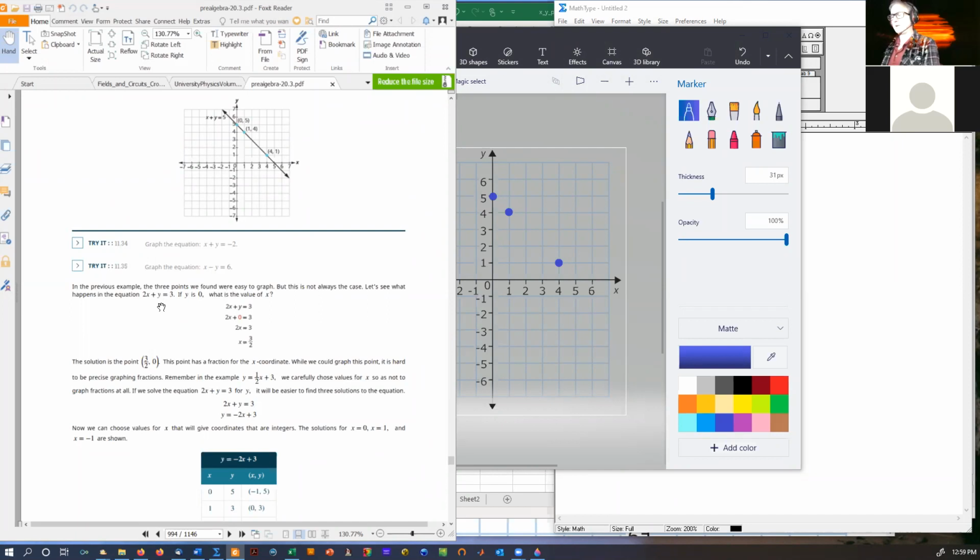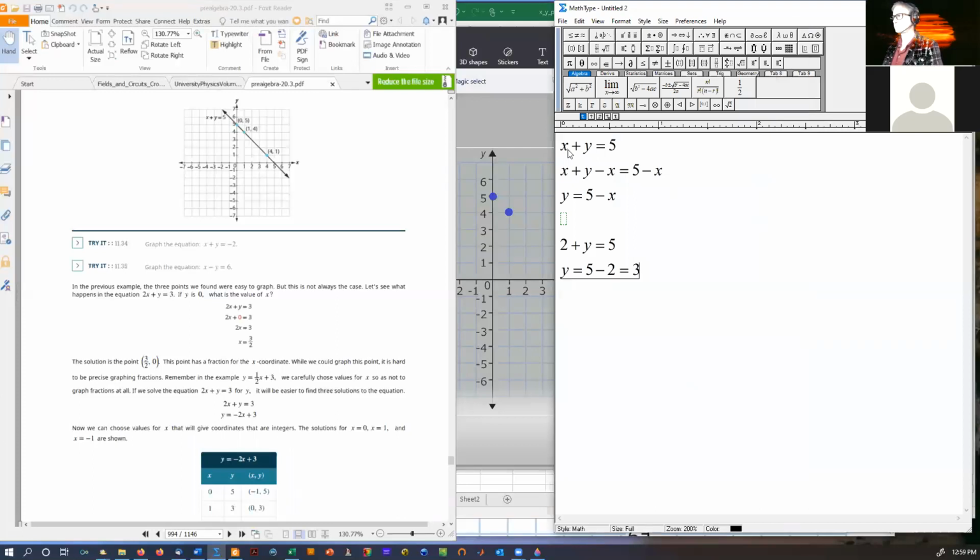Well, here they did it in reverse. They picked the value of y, and then they want to find the value of x. And so what they did is they have the equation 2x plus y equals 3, right? And they said, well, let's solve that for y equals 0.